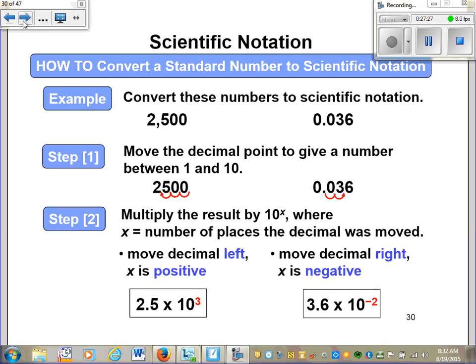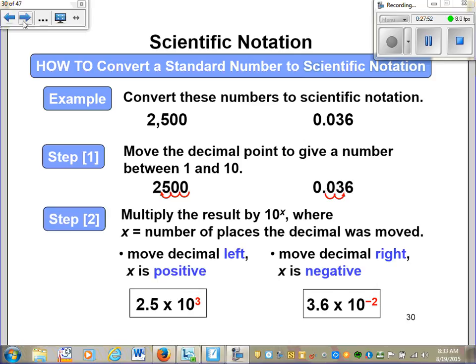How do we do this? Well, let's look at the first one, 2,500. How many significant figures? 2.